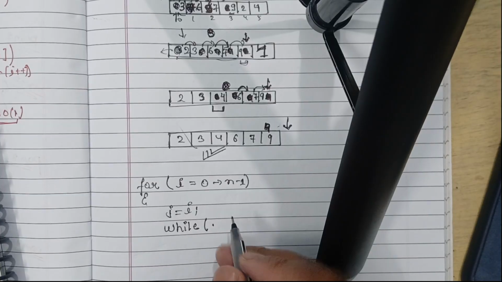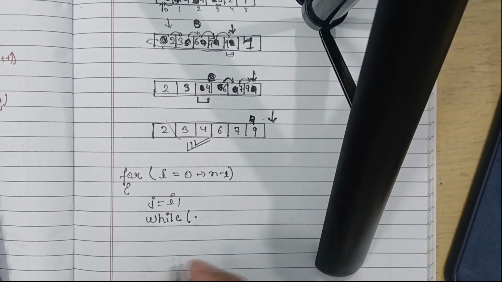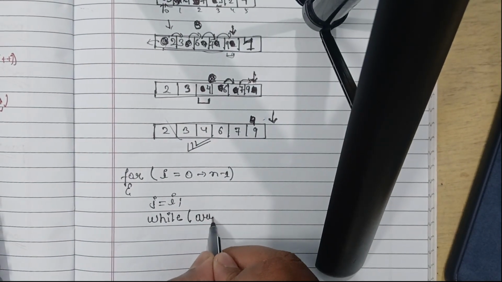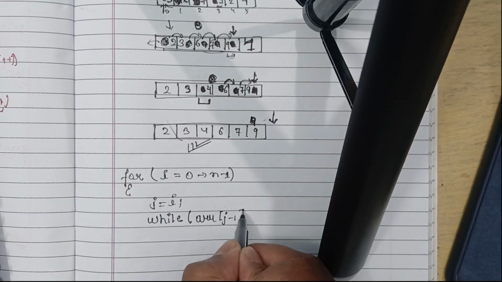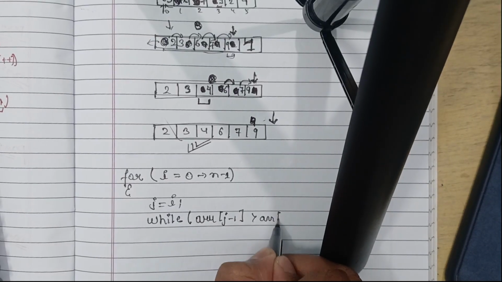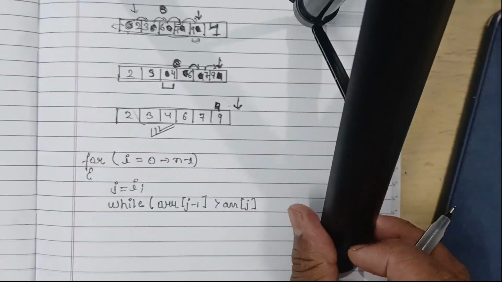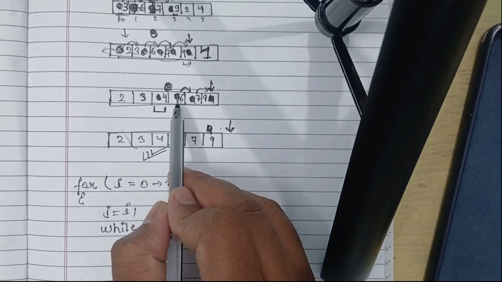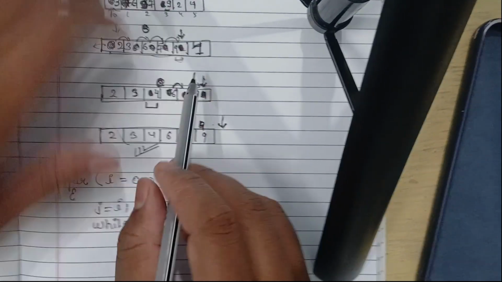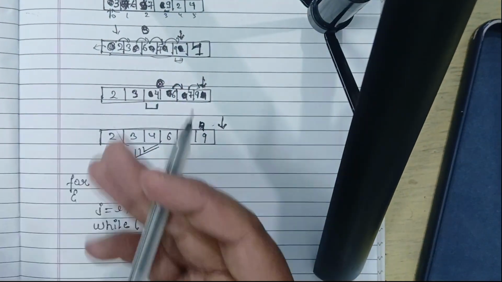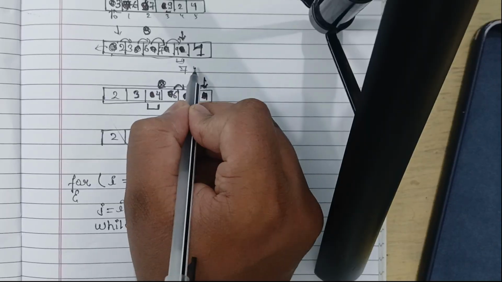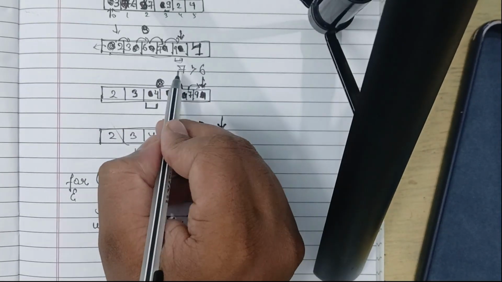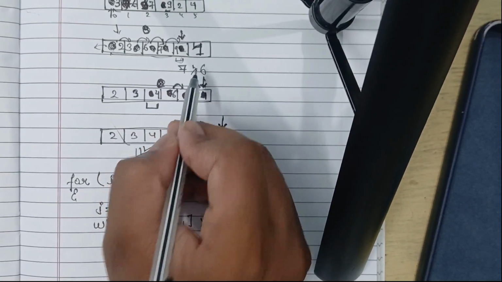So how can we go to the left? We can check if arr of j minus 1 is greater than arr of j. What does it mean? The left element is greater than the right element. The left element was 7 and the right element was 6.